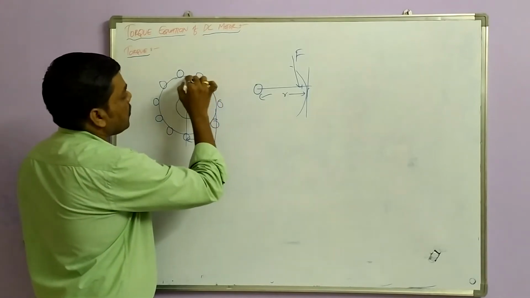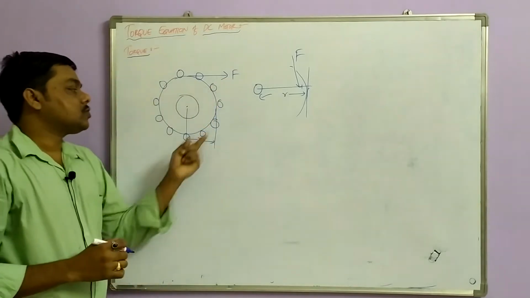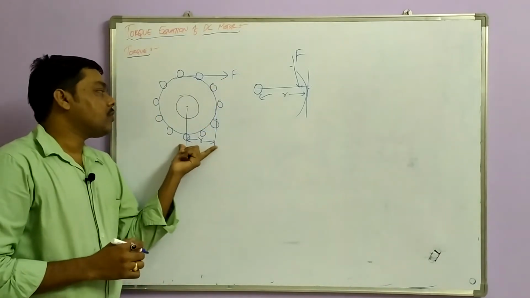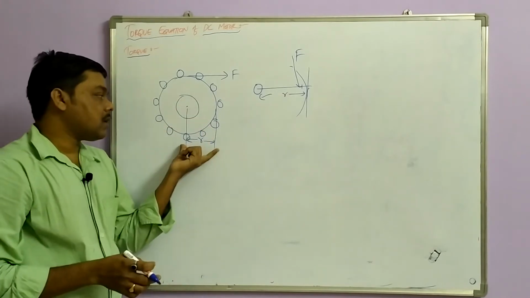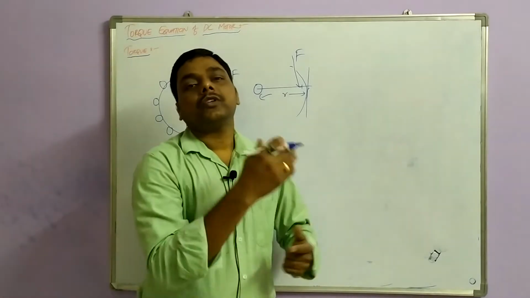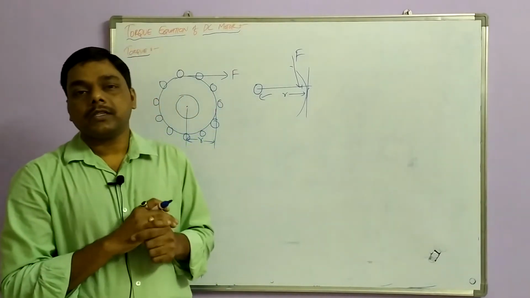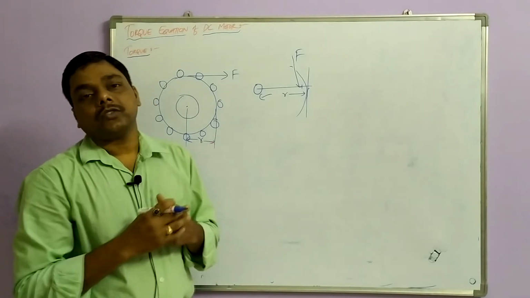Now you apply force on this, so it starts rotating with respect to the fixed axis, at distance r, along the circumference of the DC motor shaft.